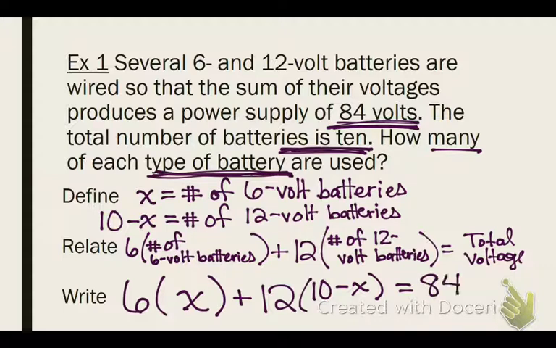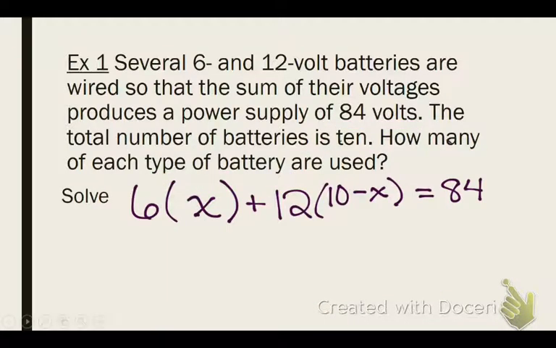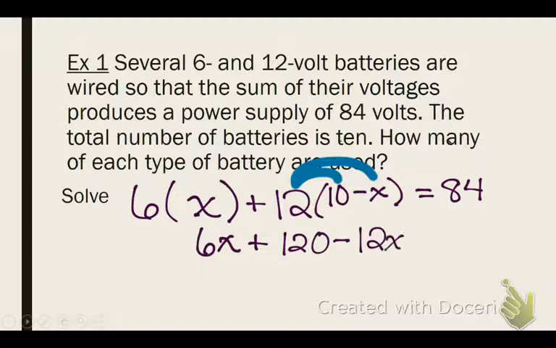We're looking at 84. Okay, so when we start to solve, let's clean it up. So 6 times X just becomes a 6X. And then we're going to do, most of us have done this sort of rainbow looking thing. So 12 times 10 minus 12 times X, that's going to equal 84. So we combine the like terms. We got negative 6X.